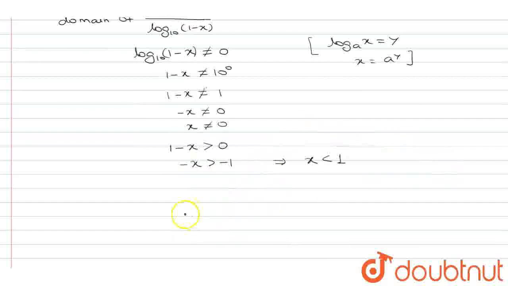Let's represent this on the number line. Let's put all the points 0, 1 and -2.